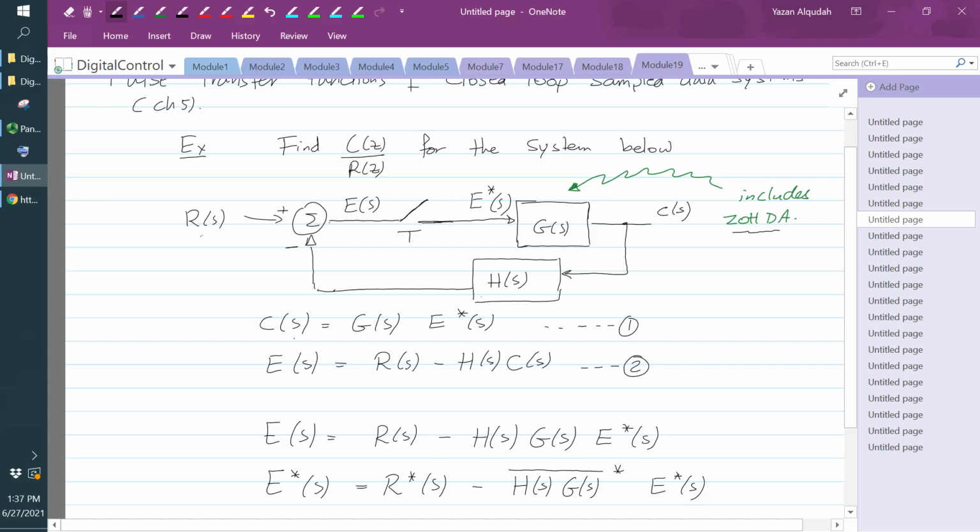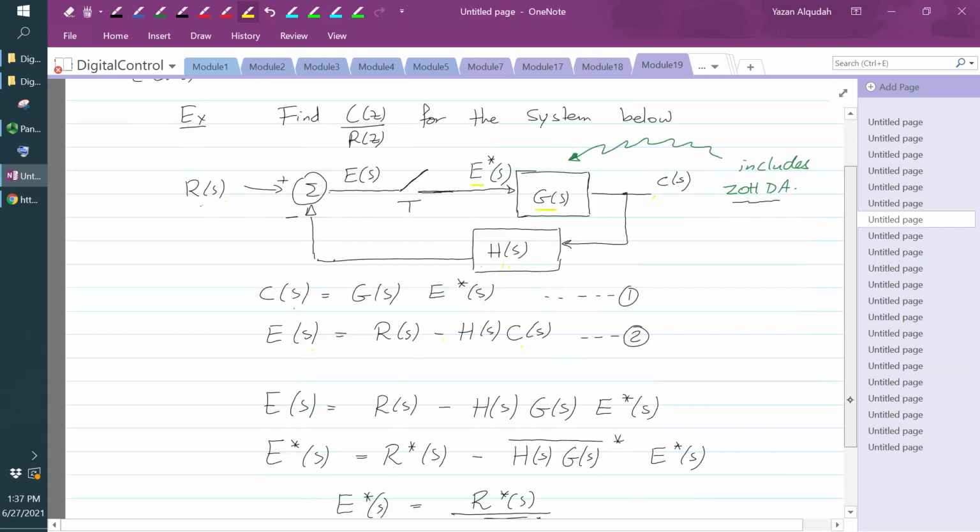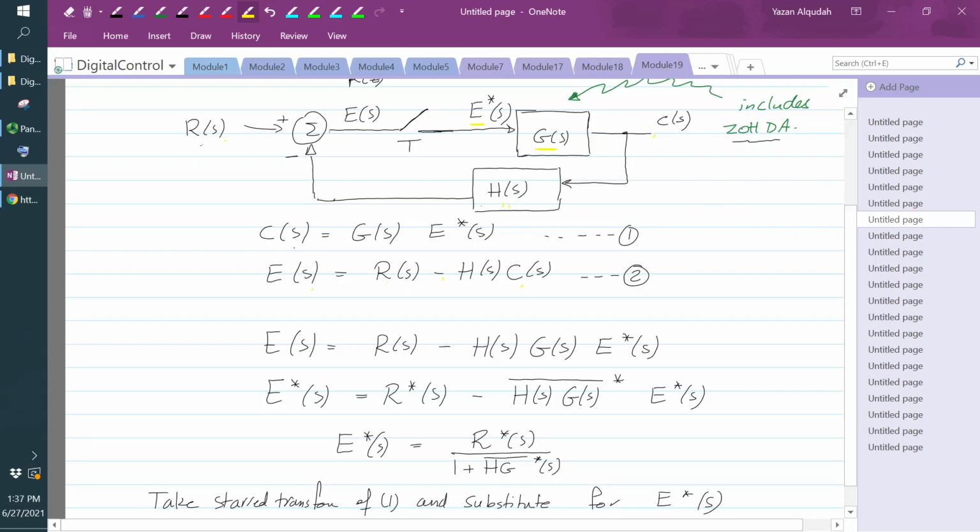This is directly C of S. And also, we know that E of S is equal to R minus H of S multiplied by C of S. So this is the second equation: the error signal is equal to R minus H multiplied by C. From these two equations, I can come to this equation here.